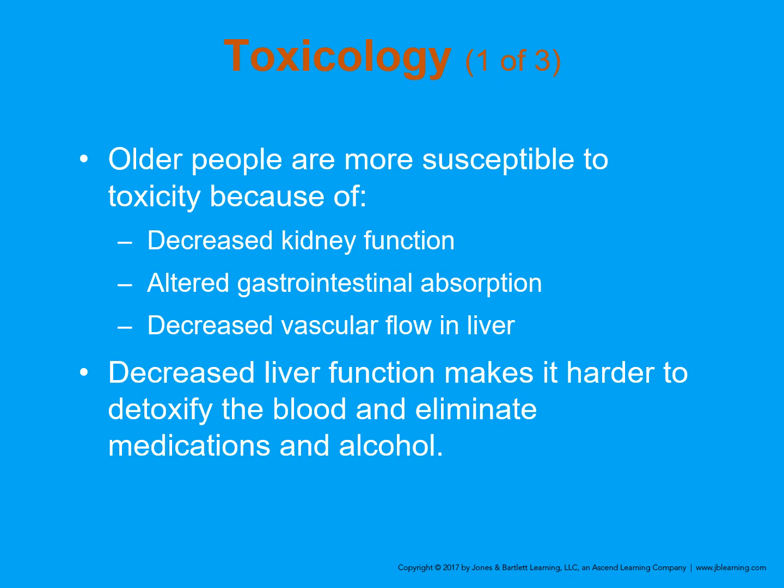Decreased liver function makes it harder to detoxify the blood and eliminate medications and alcohol. This is a big thing for Coumadin. Remember, patients taking Coumadin, the blood thinner, have to have their Coumadin levels measured on a regular basis. And a lot of that's based on the fact that the liver declines.